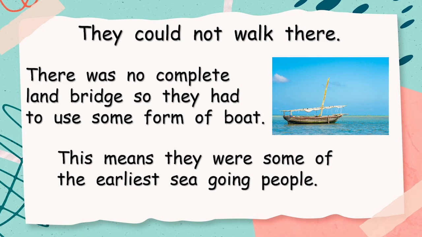They then had to try and make the boat go in the right direction. They then had to be brave enough to get on the boat and go right out into the sea. That's amazing.